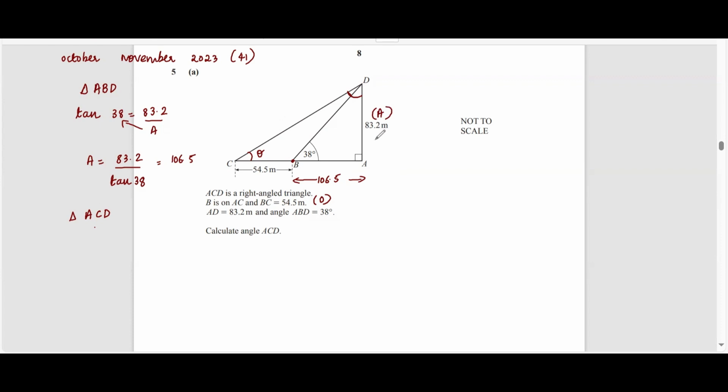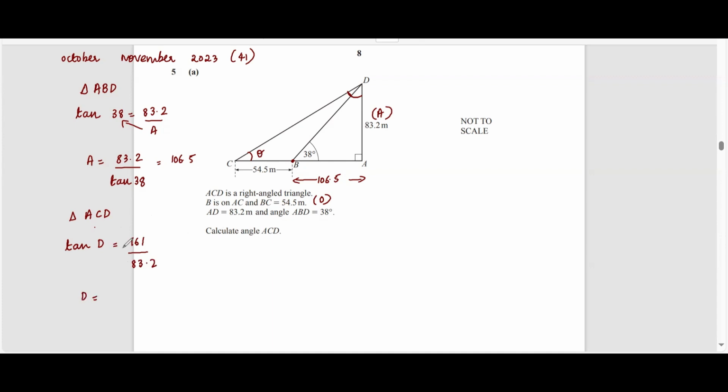So opposite and adjacent, which trigonometric ratio? Again, it is tan. We don't know the angle, so let's take it as D. So tan D is equal to opposite, this whole length AC, which is 54.5 plus 106.5, which will give you 161, divided by adjacent 83.2.